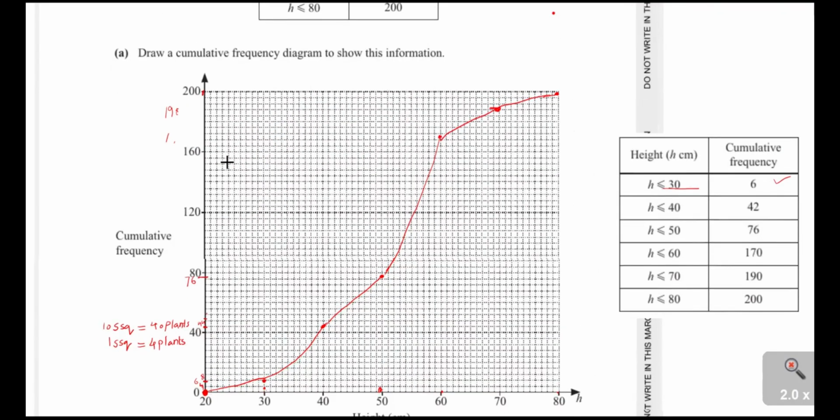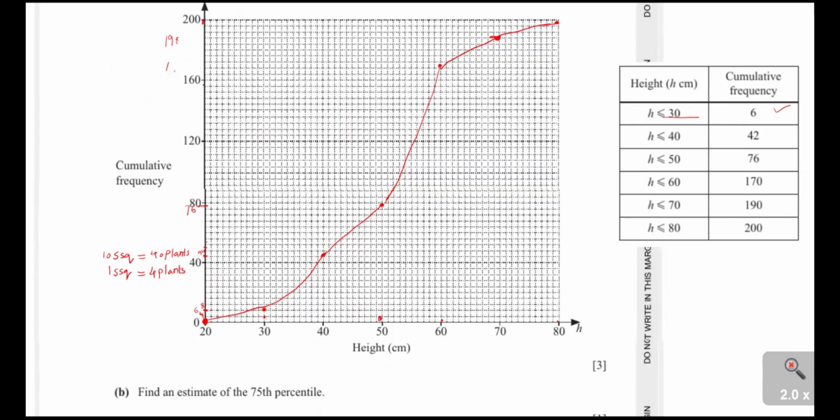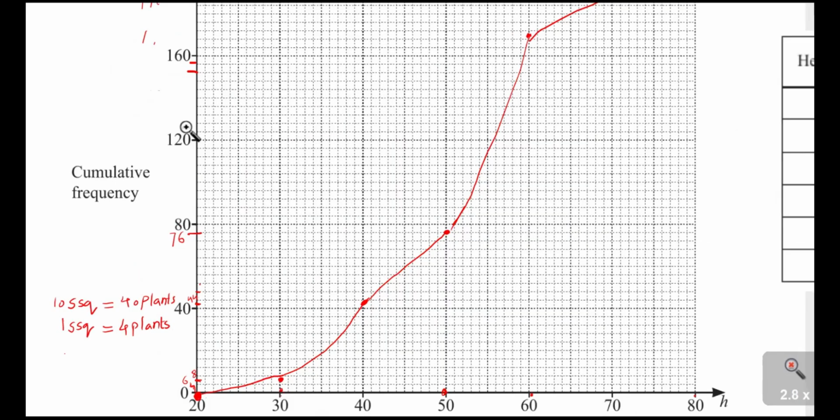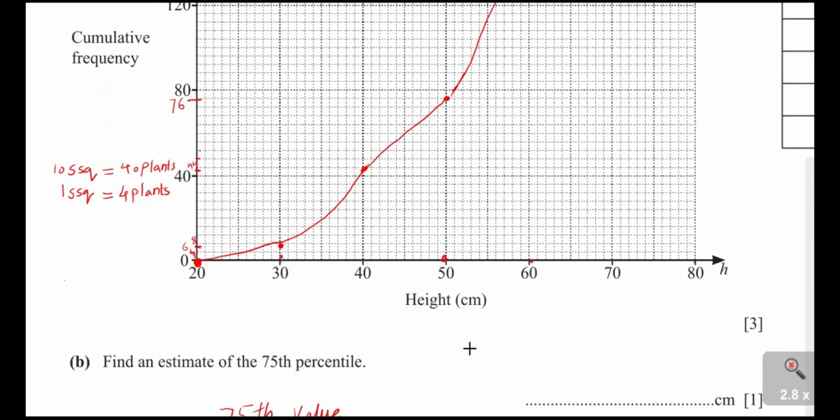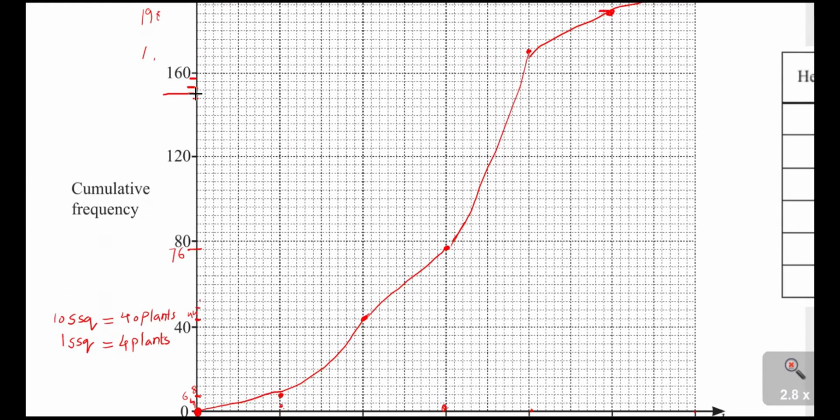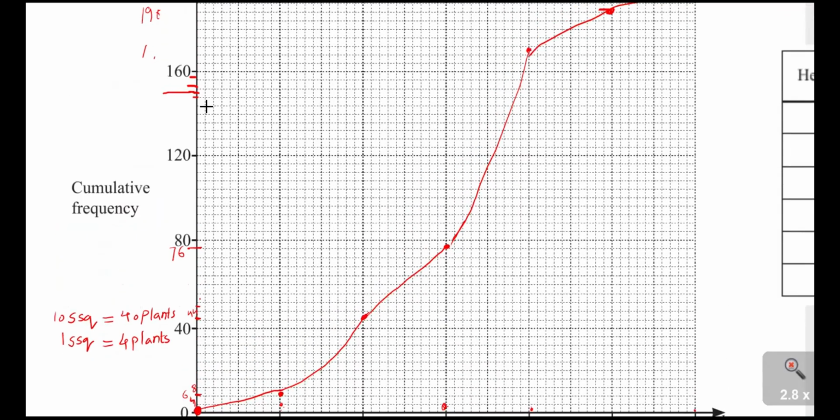Look here, this value is 150, 156, this is 152, and the middle of 152 and 148, this position will be 150. Now the height of the 150th plant. For this, we will draw a horizontal line from 150.